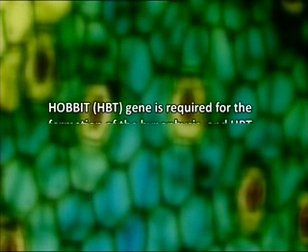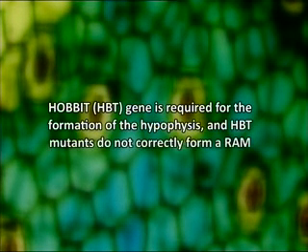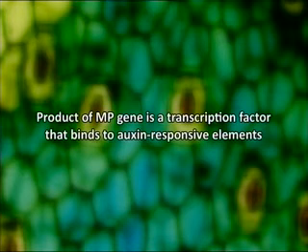For example, the monopterous, that is MP gene, is expressed in both tier of cells of the pro-embryo, and the MP mutant has no hypocotyl radical or RAM. Similarly, the Hobart, that is HBT gene, is required for the formation of hypophyses, and the HBT mutants do not correctly form a RAM. The product of MP gene is a transcription factor that binds to oxygen responsive elements.